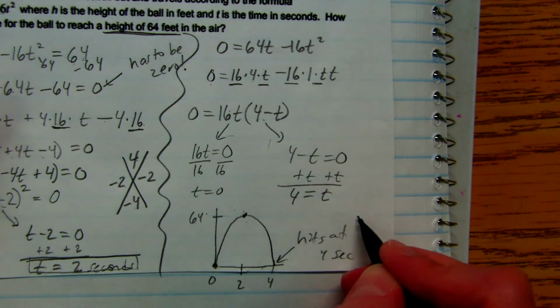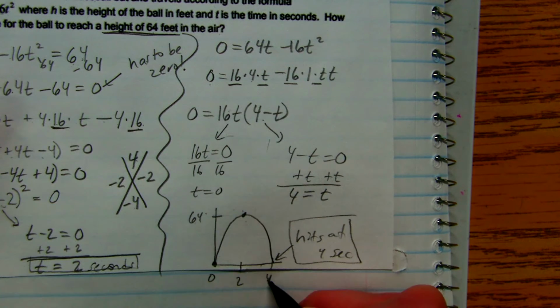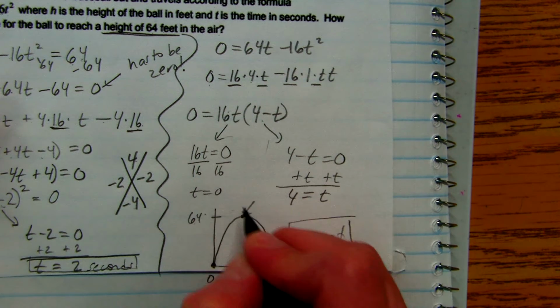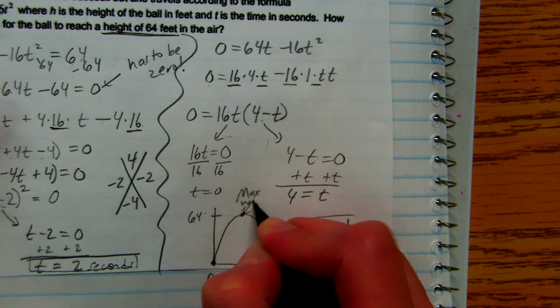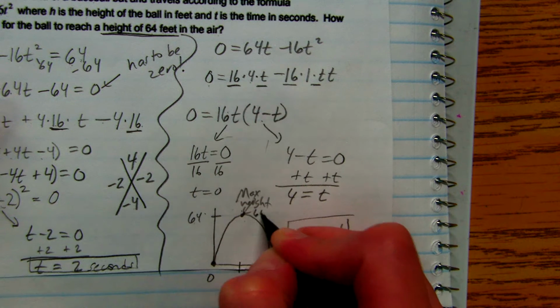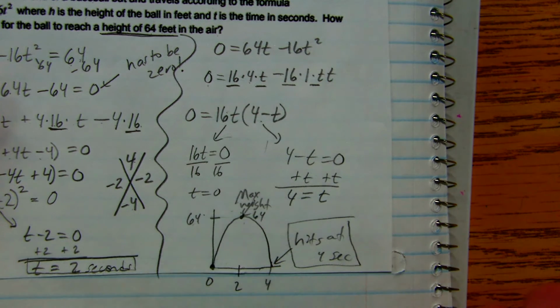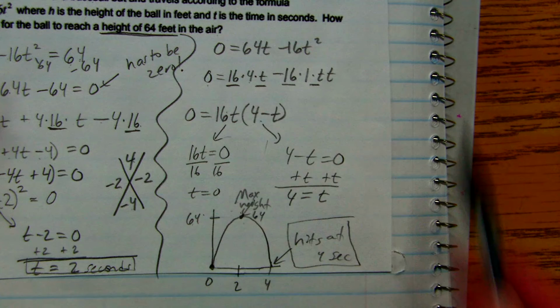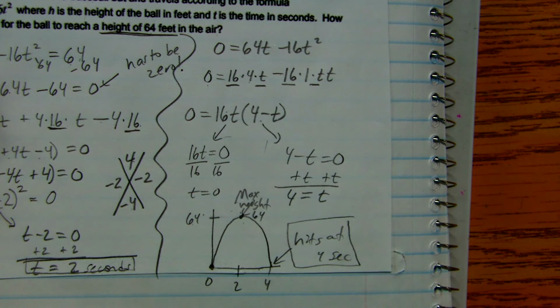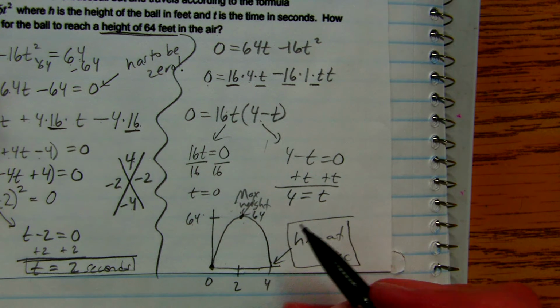Yep, sorry, I was off the screen. So it hits at 4 seconds would be the answer to that question. And then if they asked you the maximum height for this question, it would be 64, and it happens at 2 seconds. Okay, yeah. So we're going to add on to this idea here in a minute, but I just thought it was kind of cool that they actually gave you that midpoint where it was at the top.